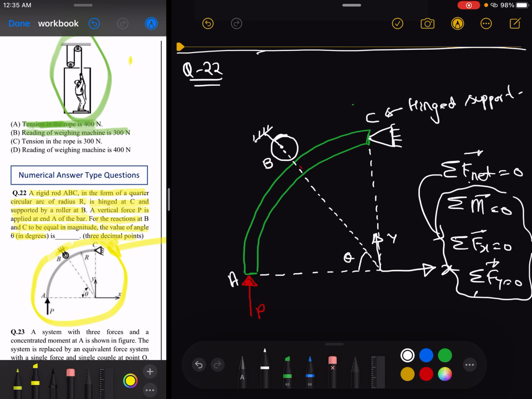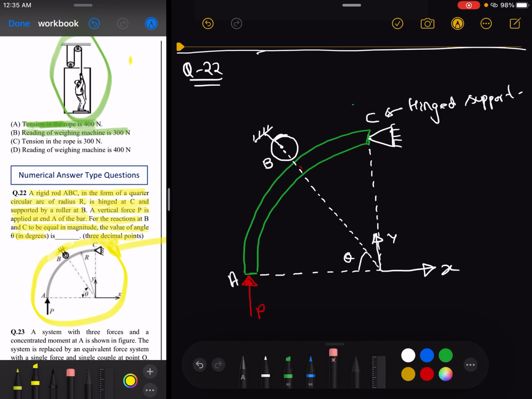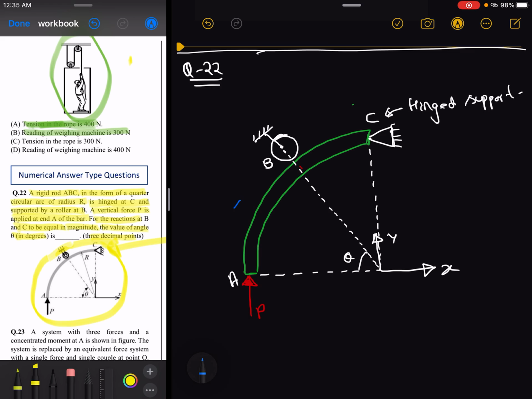So observe here carefully what I am going to do. First of all, I am going to draw a tangent passing through this point B. So this is the tangent passing through this point B, like this.